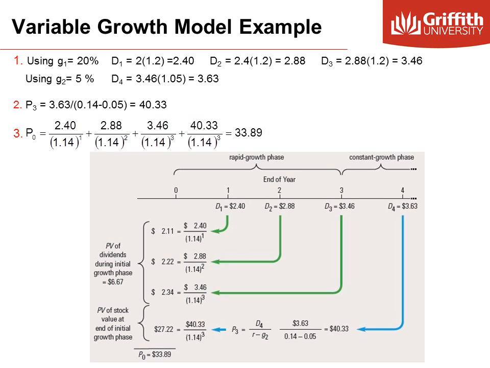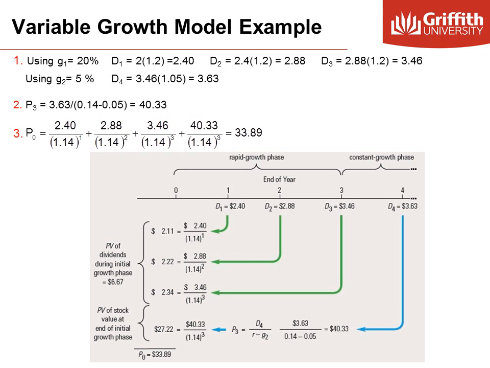The only reason we find D4 is to calculate P3 using the case 2 model when growth rate becomes constant. So P3 is D4 divided by R minus G. In other words, $3.36 divided by R, 14%, minus G, 5%. And that's the value of the share in year 3, $40.33.